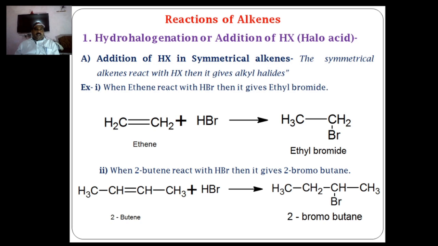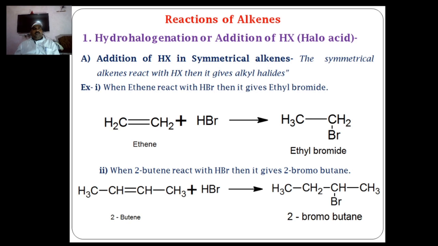First, addition of HX, or hydrohalogenation, of symmetrical alkene. In the second part, B, we discuss hydrohalogenation, or addition of HX, in unsymmetrical alkene. So we discuss one by one. A, addition of HX in symmetrical alkene.